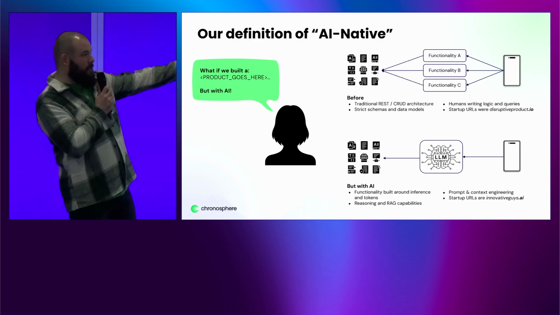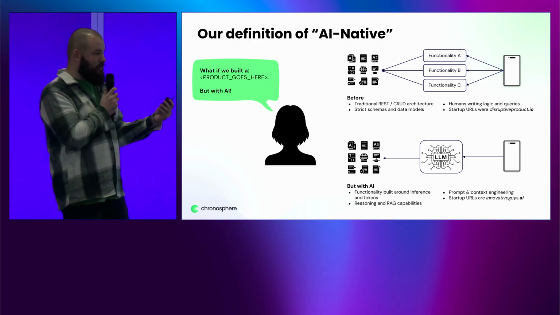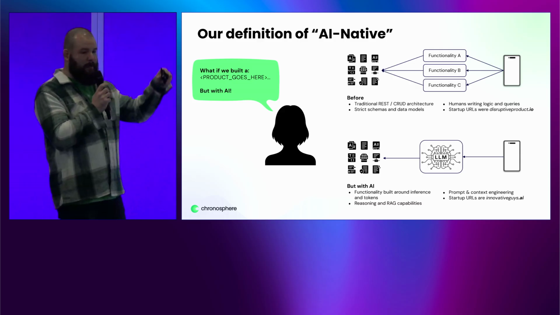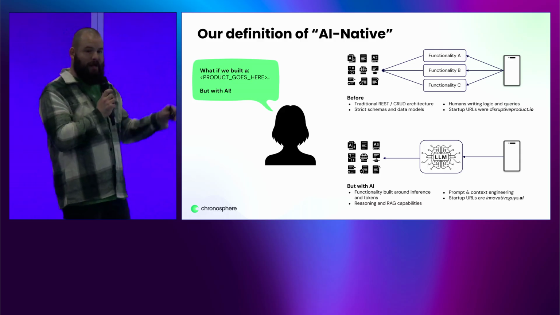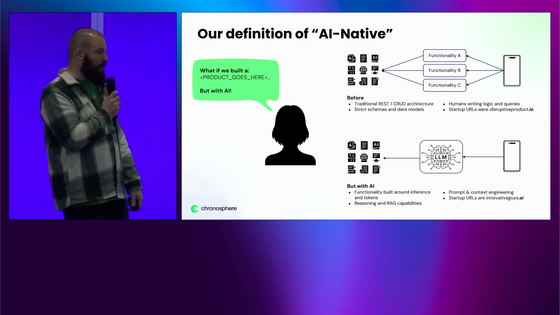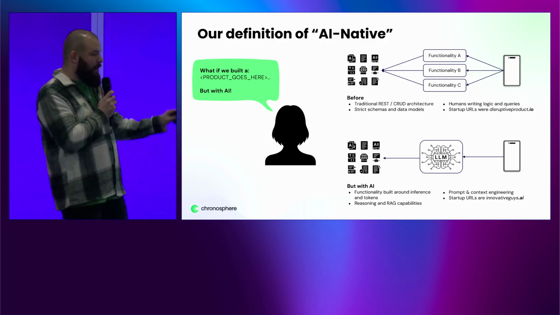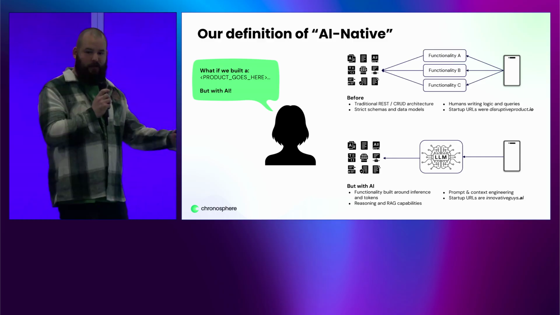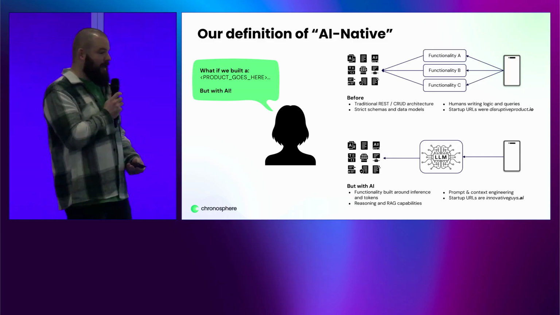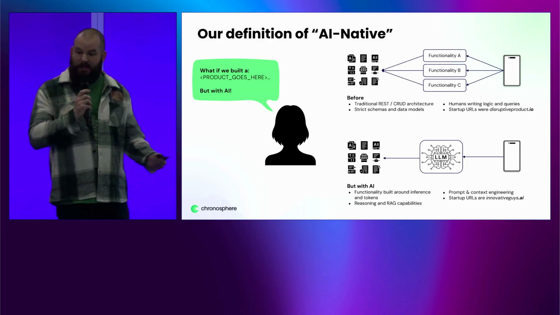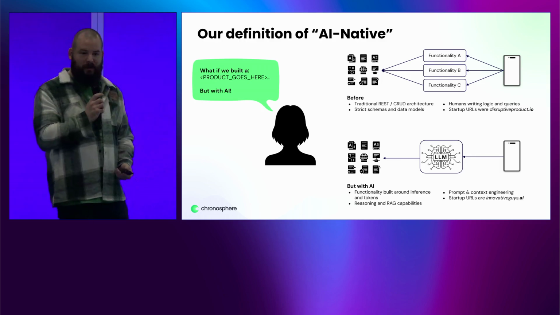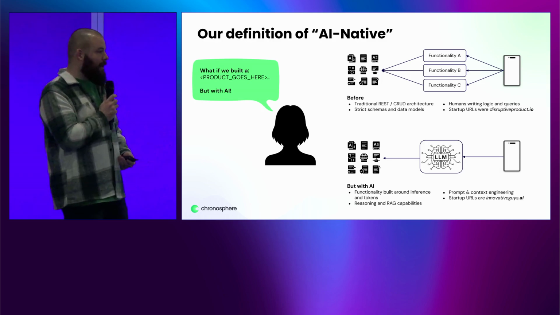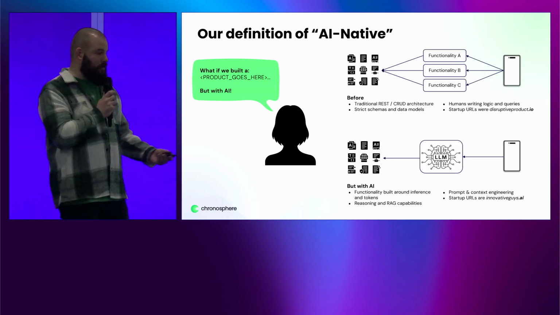So we can see up top here our traditional architecture. We have strict schemas and data models using CRUD, REST architectures, implementing these capabilities one by one behind endpoints, and then accessing them through our different client devices. But with AI, on the bottom here, we don't need to be as concerned or as strict with our data models, and we don't need to implement every single capability individually, because the LLM has the ability to reason, take requests dynamically that aren't pre-implemented, and use data that might not be structured.